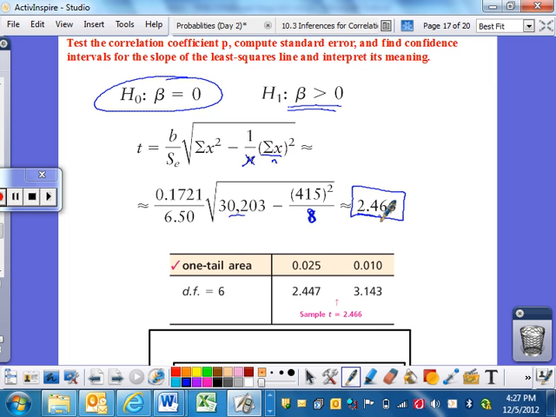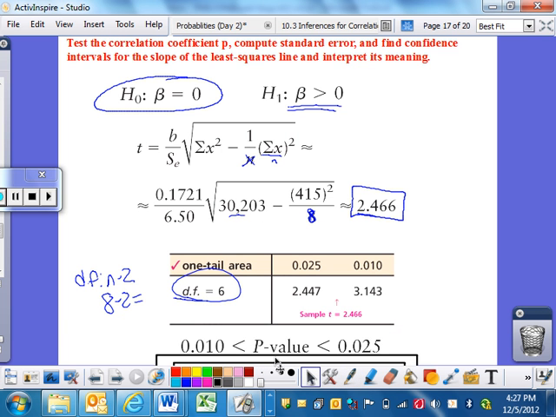And now this is where you go into your t-table. Once again, degrees of freedom is n minus 2. So 8 minus 2, you look at the 6 degrees of freedom, go over, and you find a t-statistic of 0.01 to 0.25. And what does that mean in the context of your problem?